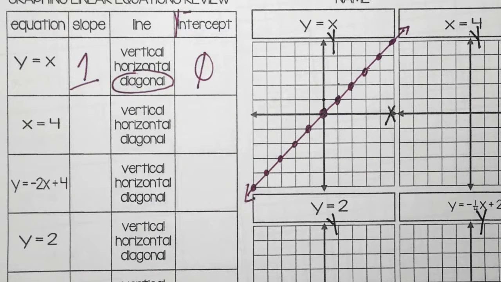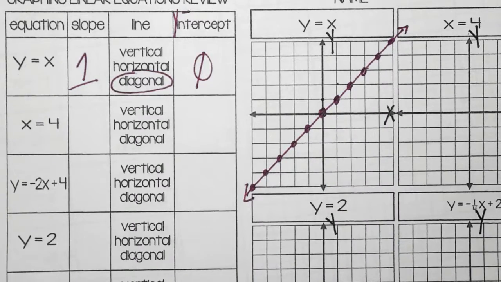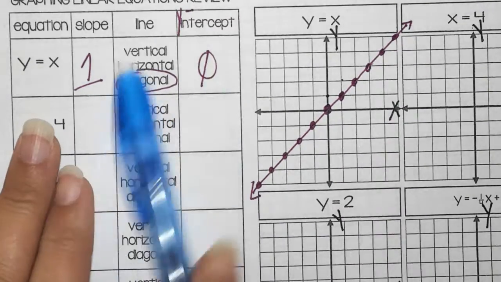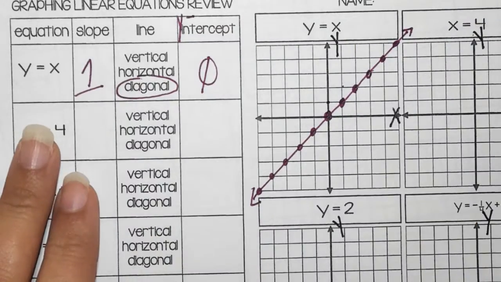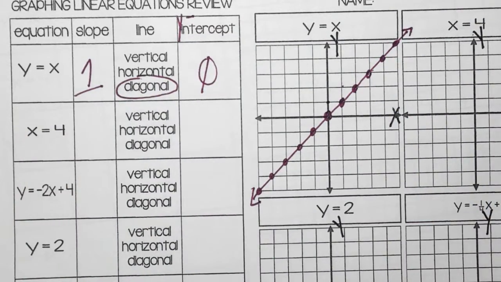Why did we make a diagonal line? Why did we say at the beginning, before we graphed, why did we circle diagonal?